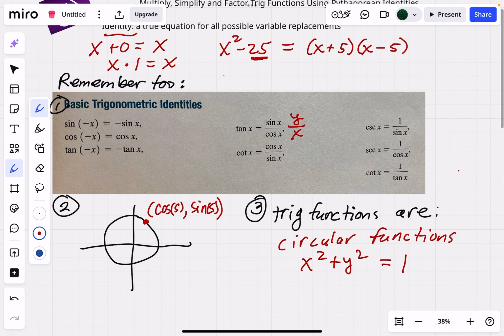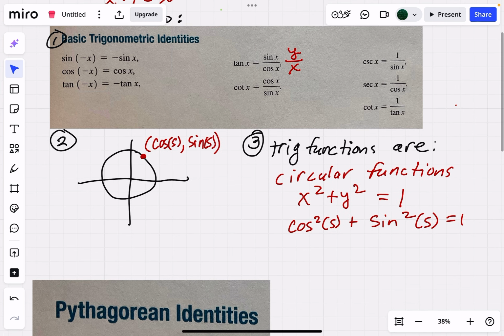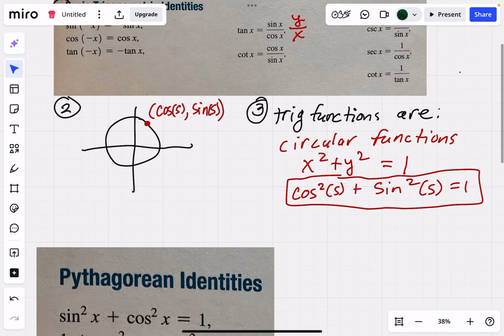And we already said that the cosine of any real number is going to be our x, and that our y is our sine. Now this is where our Pythagorean identities are created, basically just from this identity that we created because of the unit circle and the fact that these trig functions are circular functions.